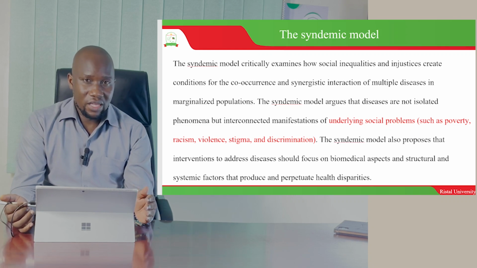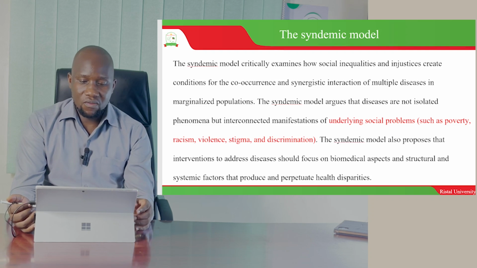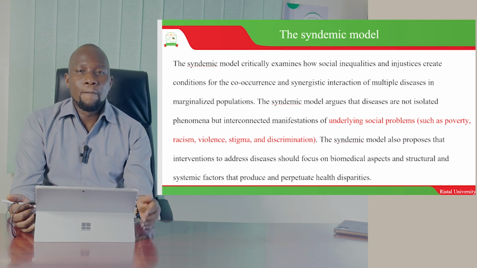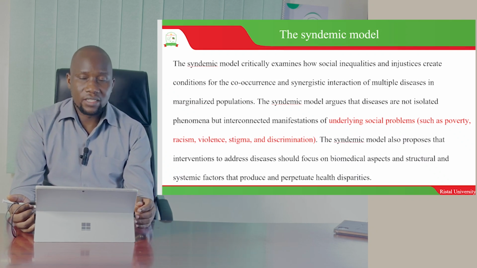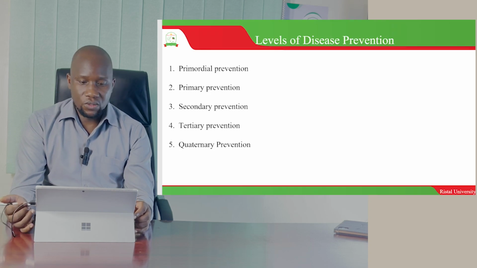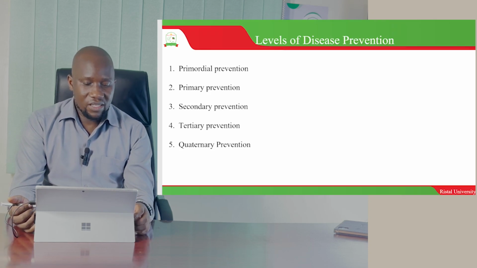So that is what the syndemic model emphasizes, that diseases are a manifestation of a rot that is happening in a society. Issues to do with poverty, marginalization, unemployment, and the rest. Even wars.